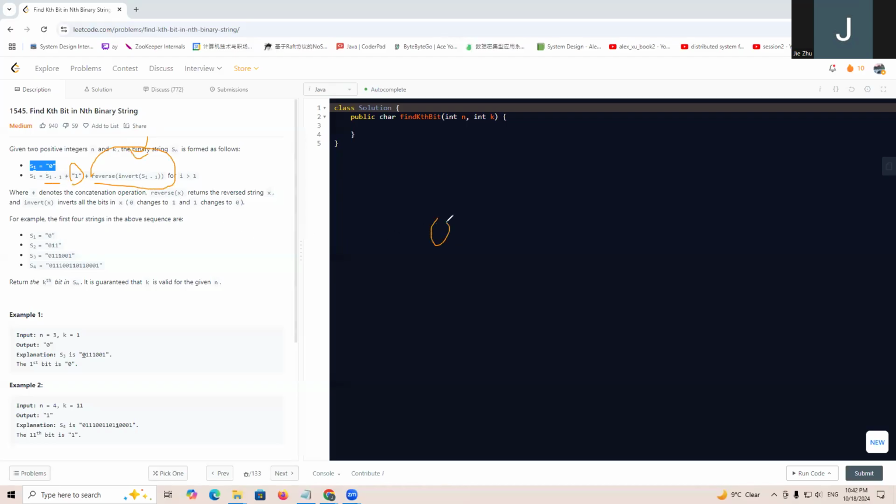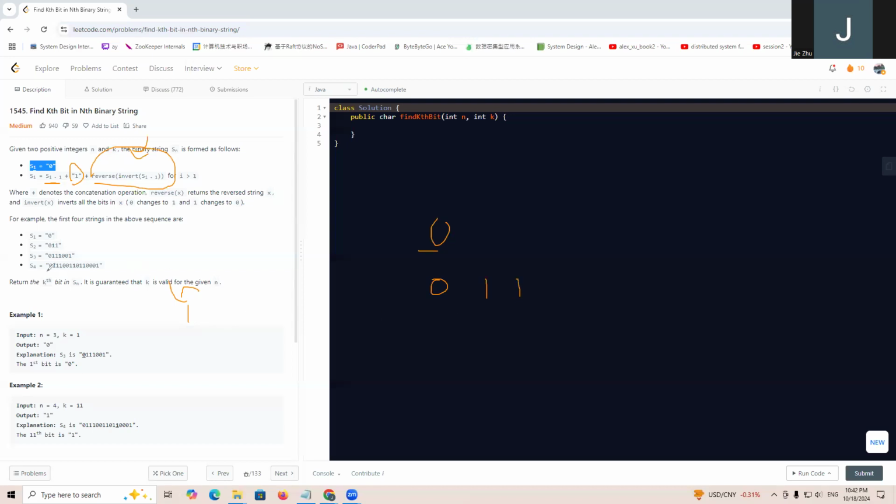So originally that is 0, right? For example, when n equals 1, this is 0. When n equals 2, we need to have the 0, which is Si minus 1, and append 1. Then we invert 0, which is 1, and reverse it, which is also 1, so we append 1.